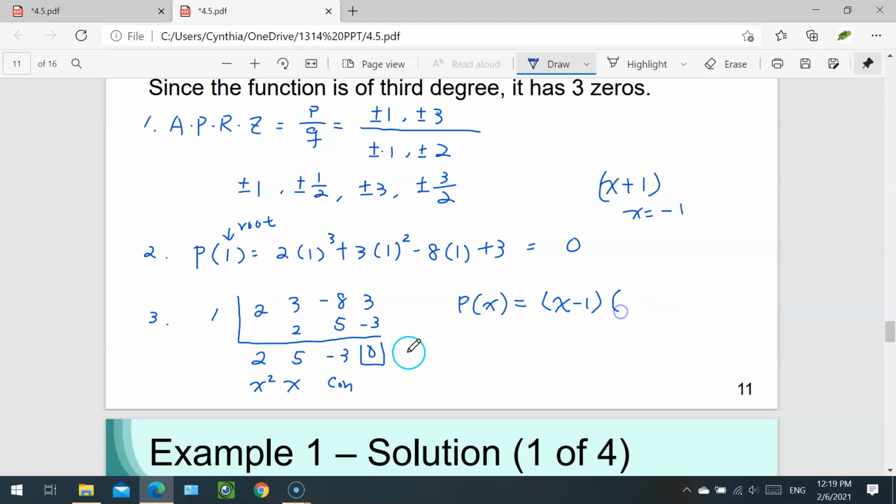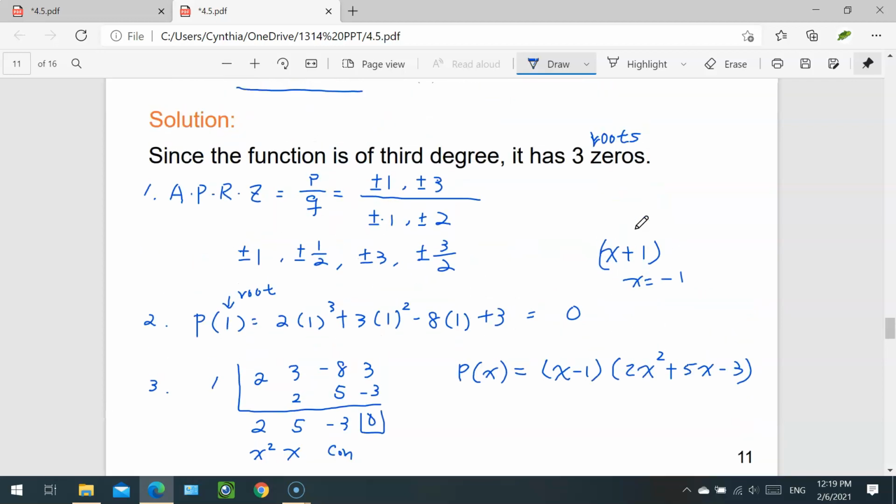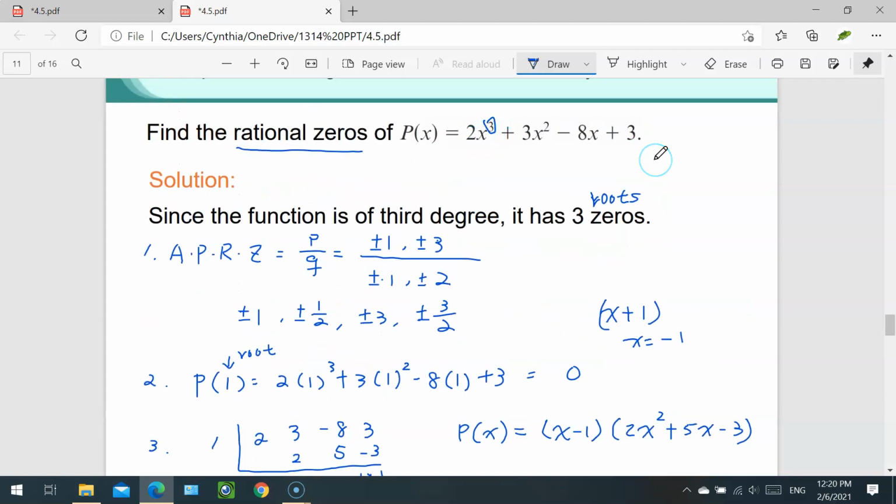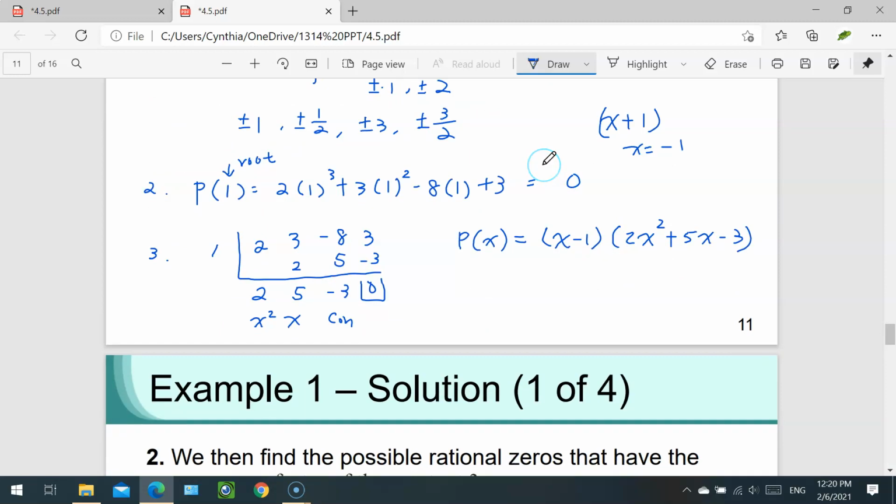Another piece of the polynomial function would be 2x squared plus 5x minus 3. Once you multiply these two, it will go back to the polynomial function itself. Okay? So now, this piece, we have a quadratic function.